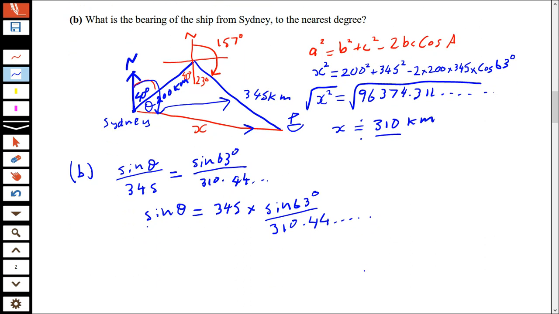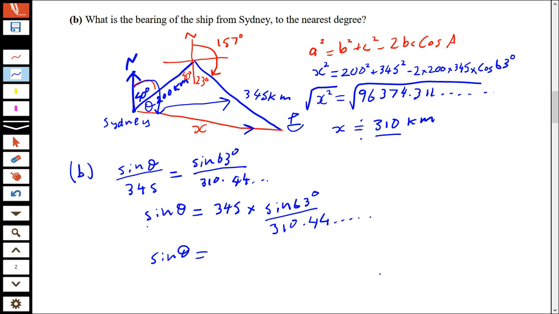Now we need to work out what the right-hand side of that equation is. Let's see how we're going to do that. The last thing I put into my calculator was 310.44. That's still there. So I'm just going to go sine 63 divided by answer times 345.